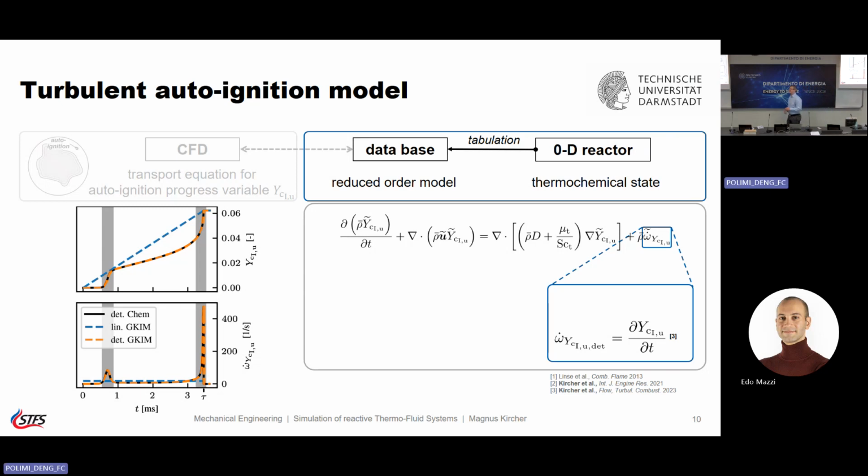Hi, Bart Somers, Eindhoven. In essence, this is just, say, a tabulating approach, right? Do you also connect this to heat release? No, there's no back coupling to the CFD. So it's a precursor model. Yeah, it's really about predicting the auto ignition. There's no back coupling.